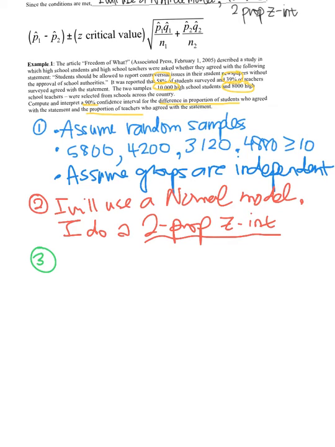All right, letter B, 2-prop z int. And then type in, for your x1, how many students said yes. We already found that with the 5,800, so that will be your x1. I'll write this down here so you can see what I'm seeing on my screen. So x1 will be 5,800, n1 is the 10,000.